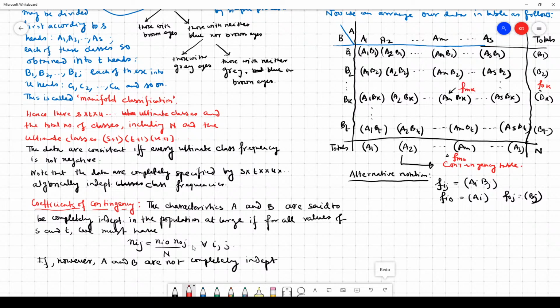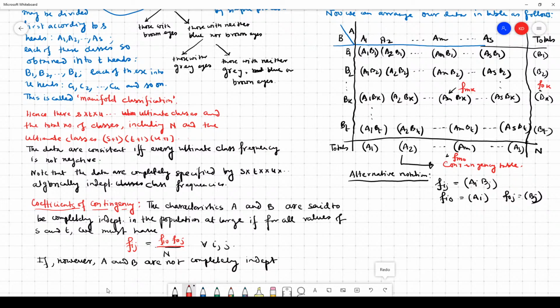Okay, so this should be Fij, Fi naught, F naught j divided by capital A. Okay, so please change this notation.